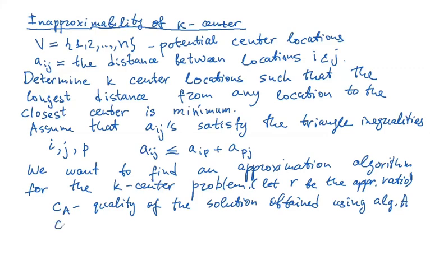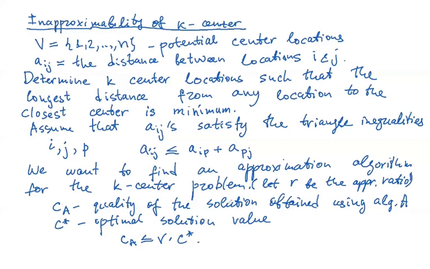Then let's denote by C star the optimal solution value. Then our approximation algorithm would be trying to find an algorithm that guarantees that C_A is less than or equal to R times C star.